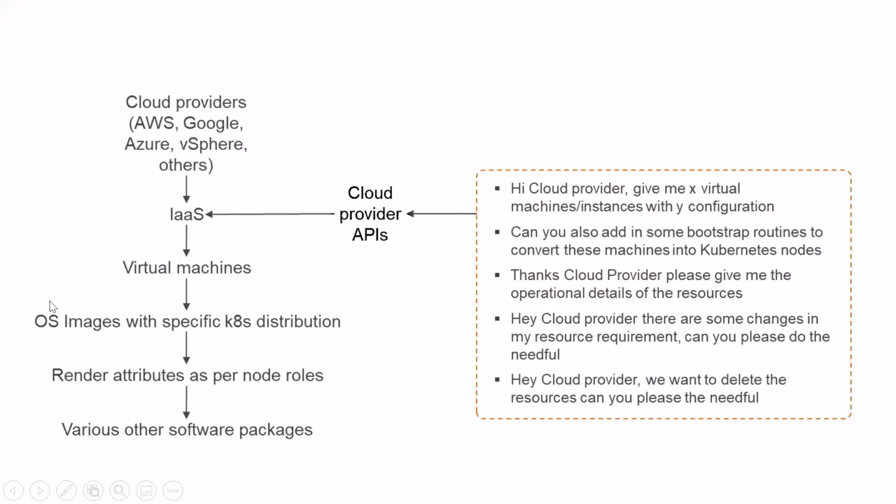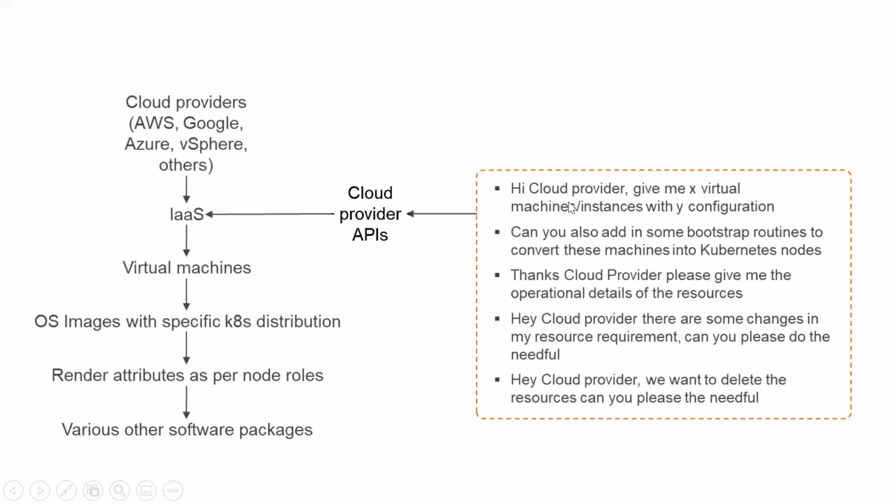The virtual machines, the OS images with a specific distribution of Kubernetes, and then I attribute the node roles like control plane, worker, and etcd. I render those attributes, and then some other software packages like CNI and CSI are actually loaded. All these resources combined together are called a Kubernetes cluster.